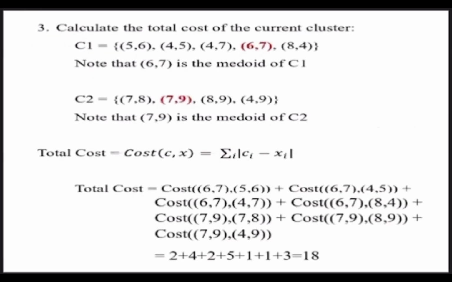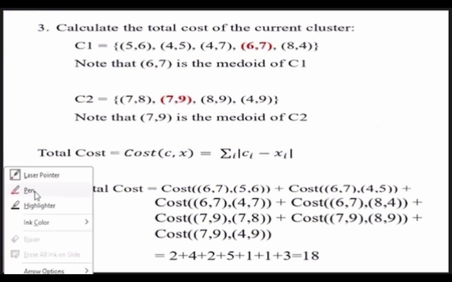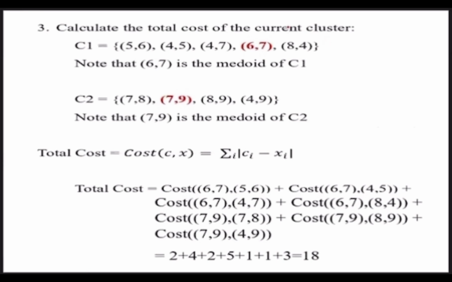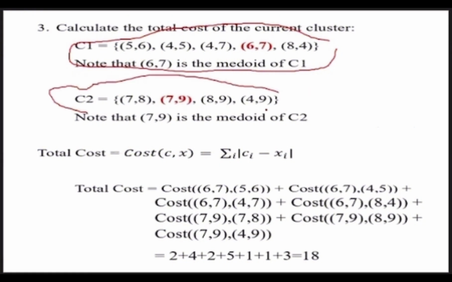Now, for the total cost for C1, please pay attention. If you don't understand, ask me a question. Take a look at this. Those are the ones that we classified in cluster C1 and here in cluster C2. The ones in red, 6, 7 and 7, 9, are the Medoids for each cluster.